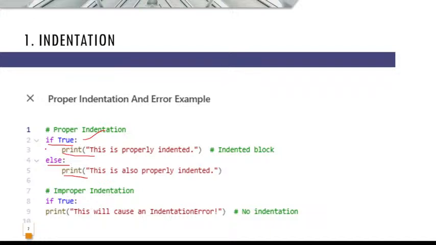The space that we left is a part of indentation. If we are not doing it, your code will give wrong answers. If we take this one, if true, and we start from there only, this will give an incorrect answer. The chances are that you will get incorrect answers. So there is no indentation, and this is how it works.